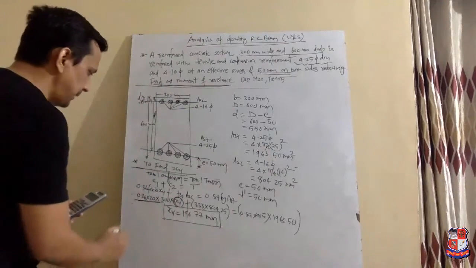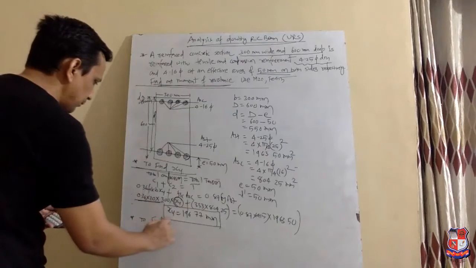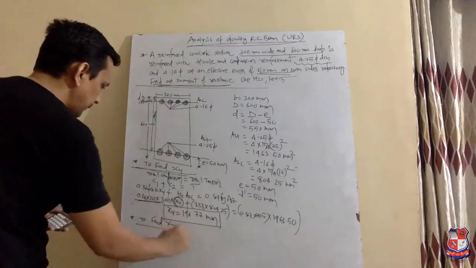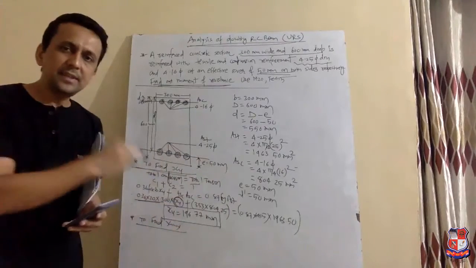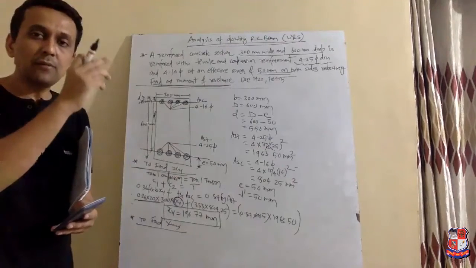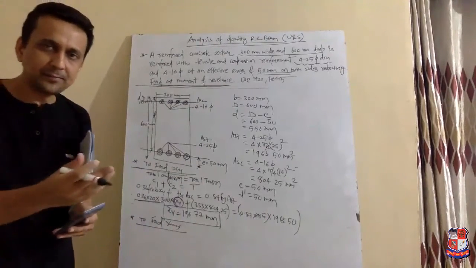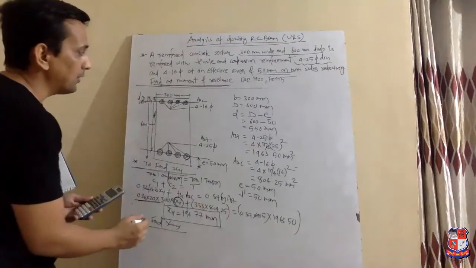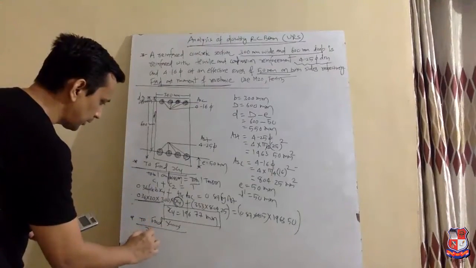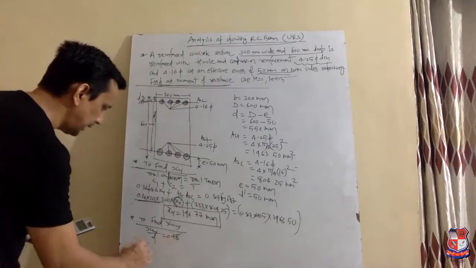Now the next step is to find XU max. In this example, to find the value of FSC, we have already calculated XU max by D equal to 0.48.